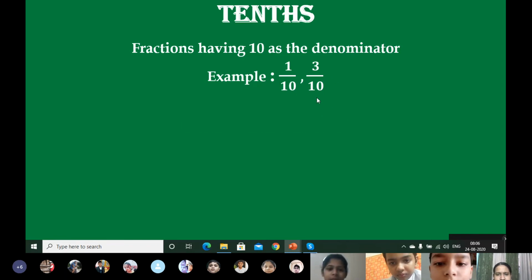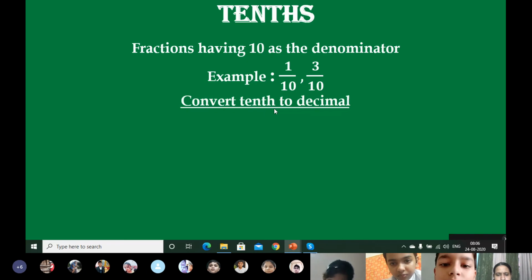If we convert these tenths to decimal form, what will happen? 1 by 10 is equal to 0.1. What are we doing? We are shifting the decimal point to the left according to the number of zeros in the denominator. Am I clear?